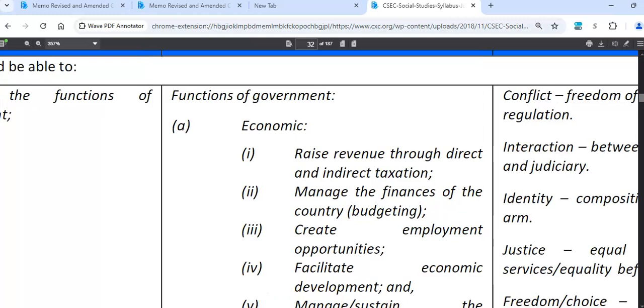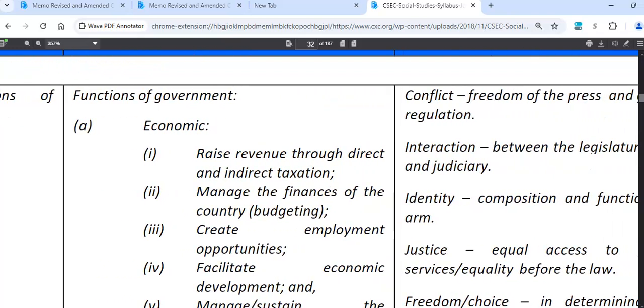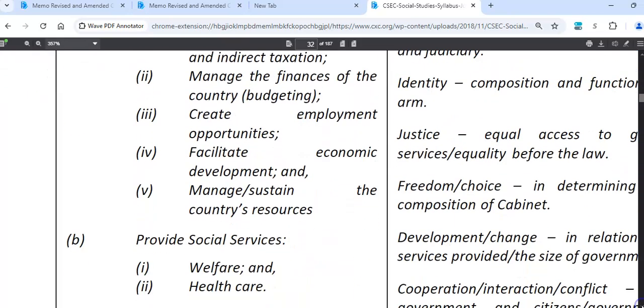All right, so on the syllabus, it says evaluate the functions of government. So if you're asked any question relating to the functions of government, you can put the functions into different categories. You could look at the economic function of the government and social services.